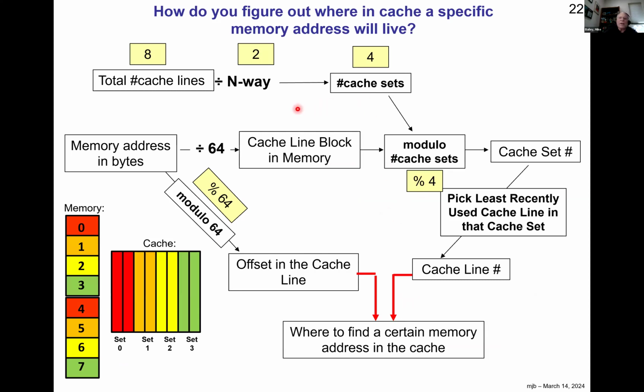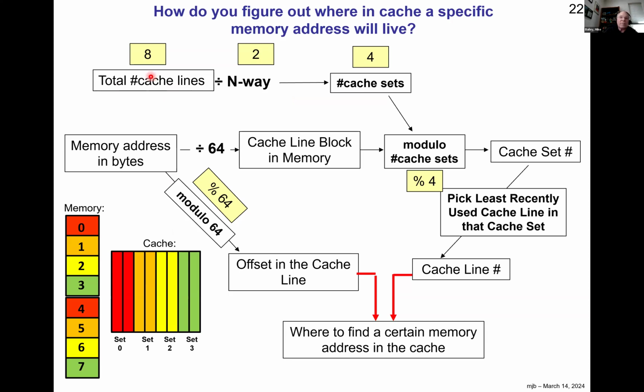Now, how does this work arithmetically? You're not responsible for this, but if you're interested, here's how the numbers work. If you're not interested, just put your hands over your ears. In our diagram here, we have 8 total cache lines.